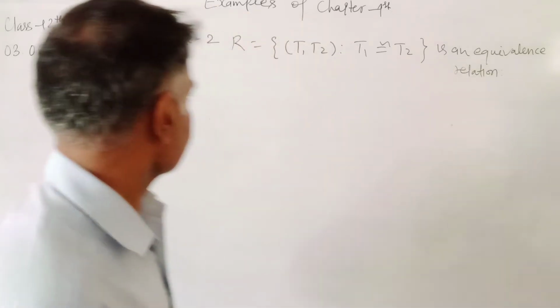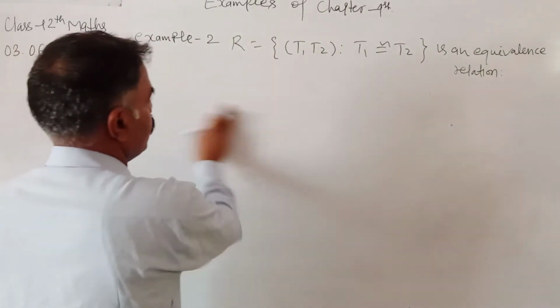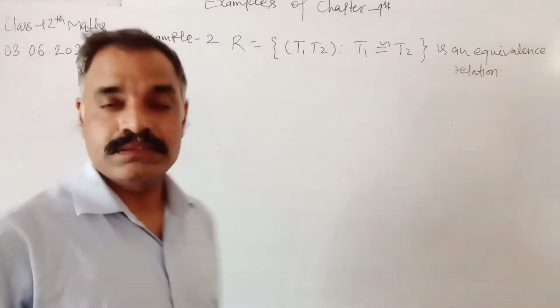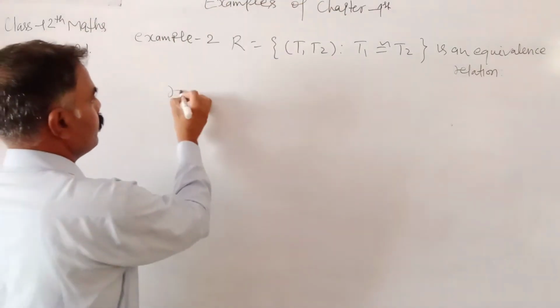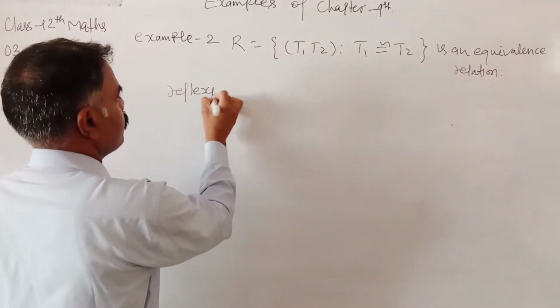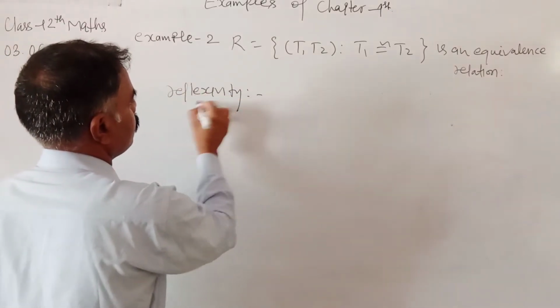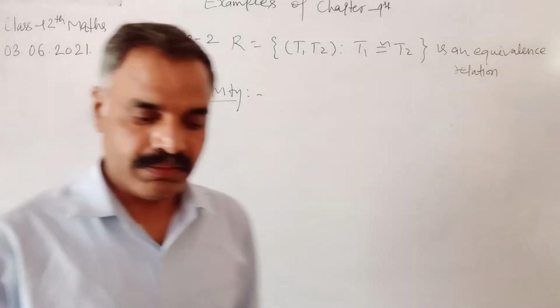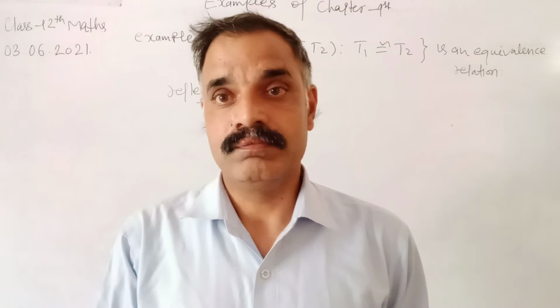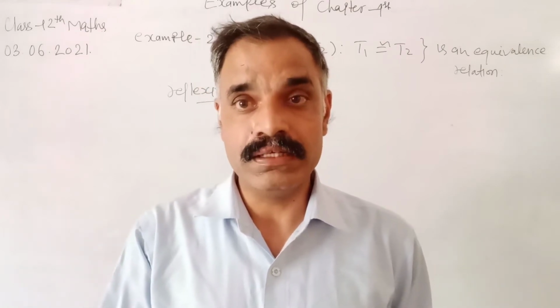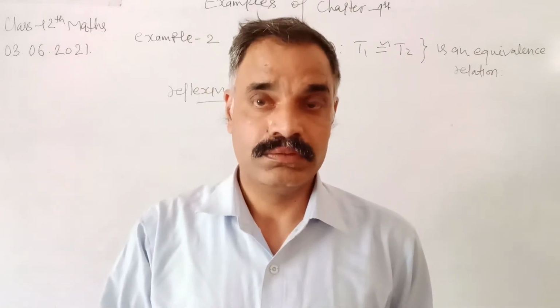So let us start with the reflexivity of the relation. Reflexive relation means triangle T is congruent to triangle T, meaning each element is related to itself.